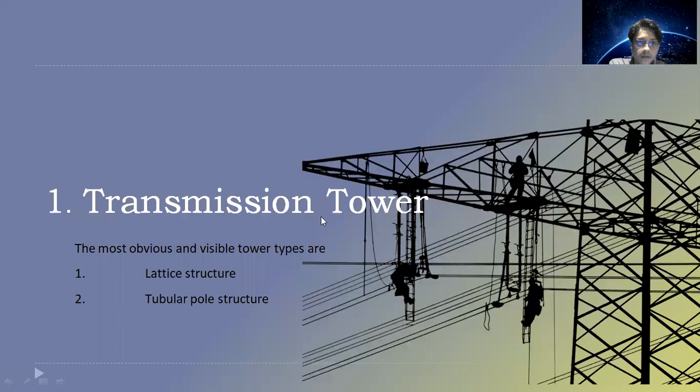Number 1, transmission tower. The most obvious and visible tower types are: 1, lattice structure; 2, tubular pole structure.